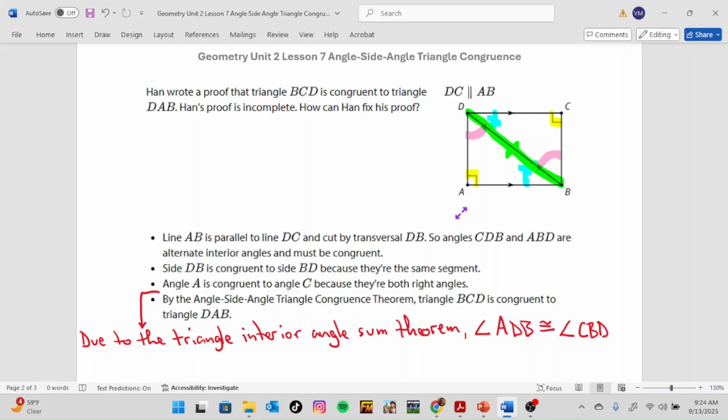So the important thing to take away from this problem is that it can't just be any two angles and any side. It must be the two angles on each end of the side. The side has to be in the middle like a sandwich, and the angles have to be the bread on the ends of that sandwich.